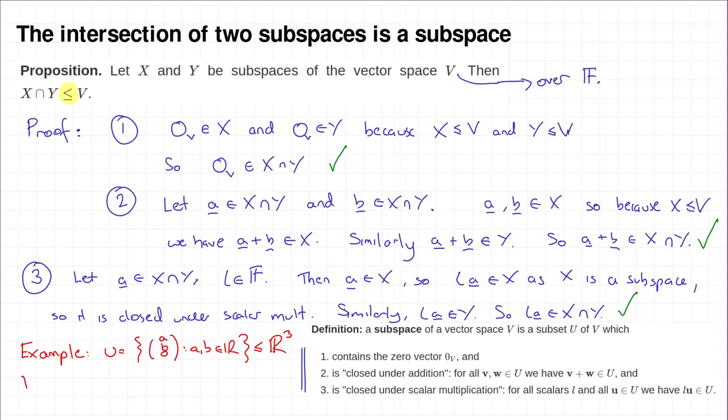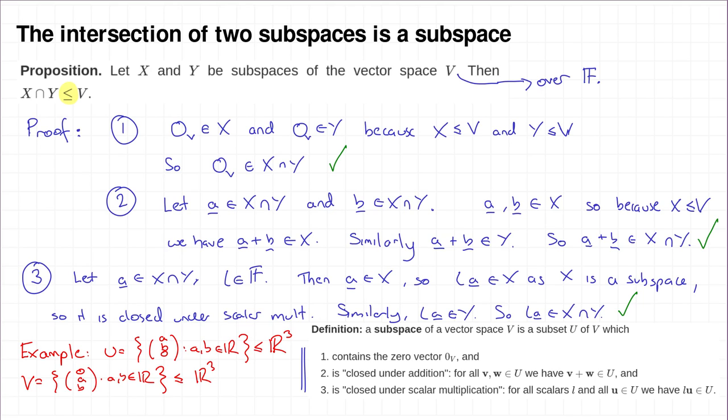And I will now let V be the vector space consisting of all things of the form 0, A, B, like this, where A and B are in R. And again, you can check this is a subspace of R cubed.